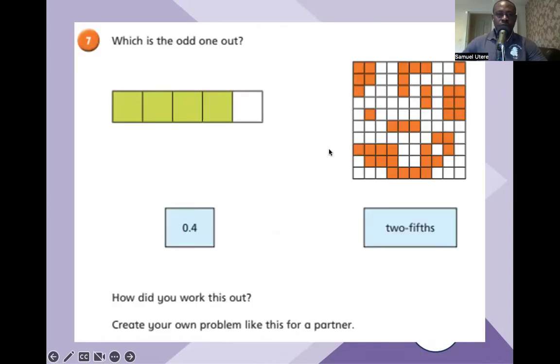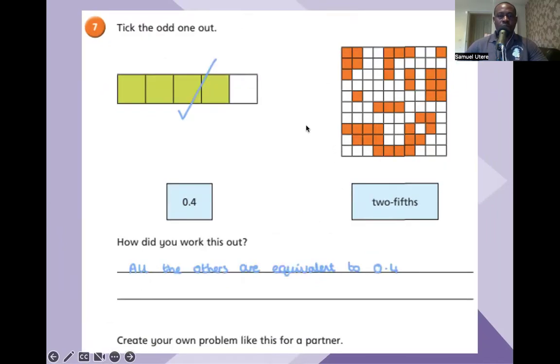Here is question 7. Pause the video and answer question 7 in 2 minutes. Here you're asked to spot the one that is the odd one out. The one that is the odd one out is this one. The way to work it out is all the others are equivalent to 0.4. 2/5: remember, the fifths splits it into 20 lots.